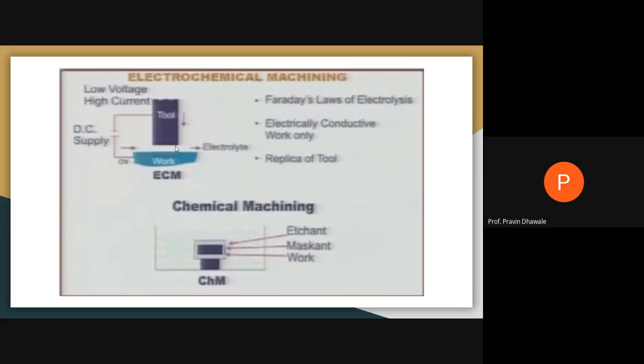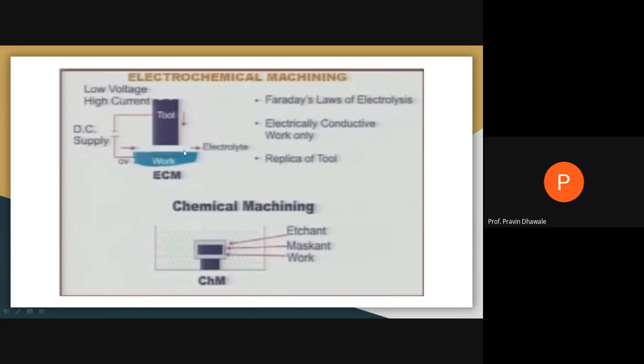We have to remove the material from the workpiece. The same replica of the shape you want to generate on the workpiece will be on the tool. Whatever shape you want to produce, a square shape, round shape, or any irregular shape, the tool must be of that particular shape, whose impression you have to mark on that workpiece.